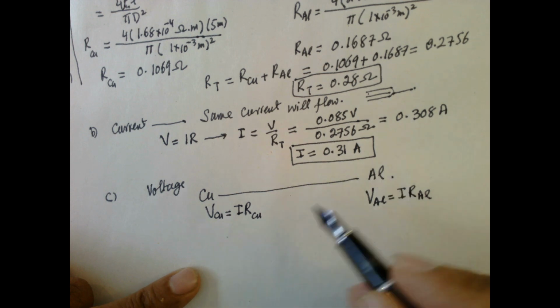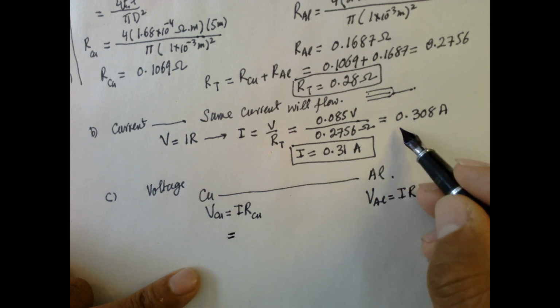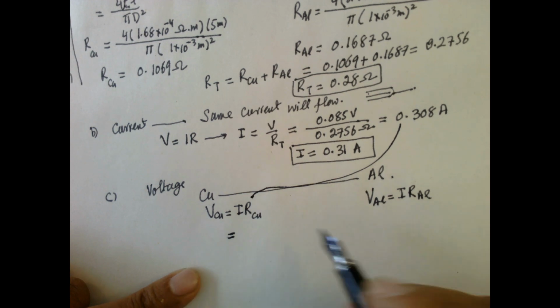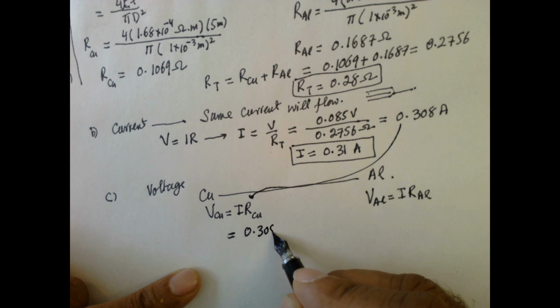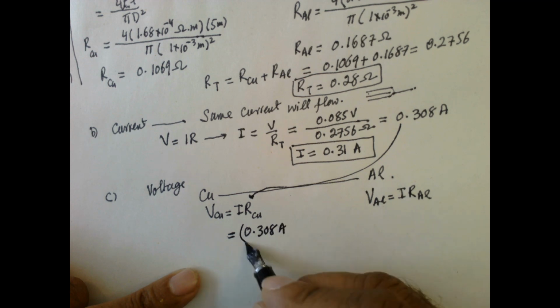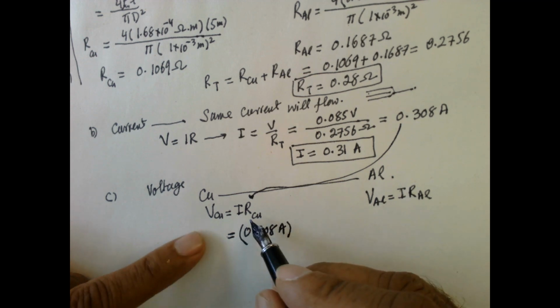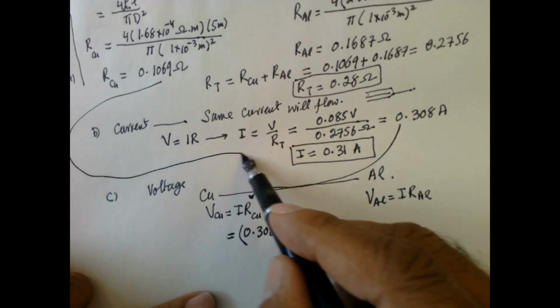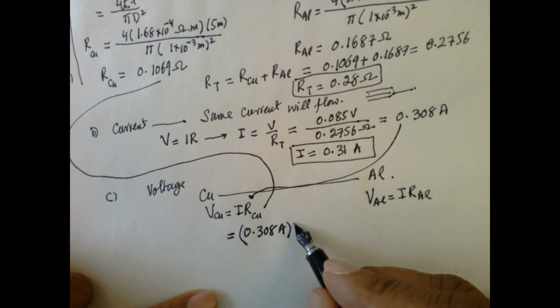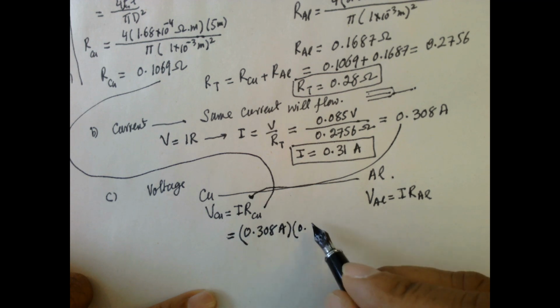We'll use the value of the current here: 0.308 amp multiplied by the resistance of copper, which is 0.1069 ohm.